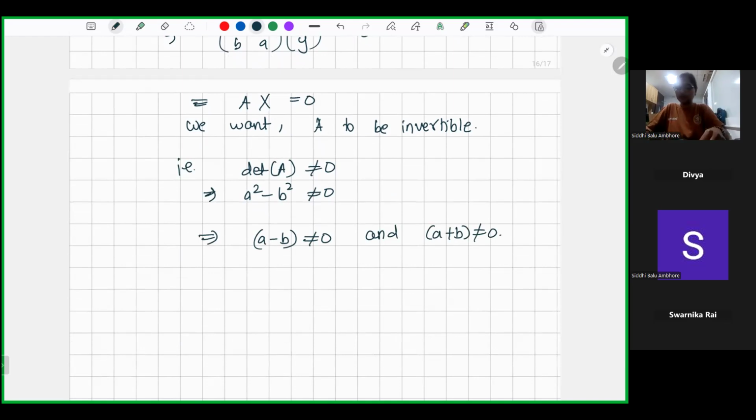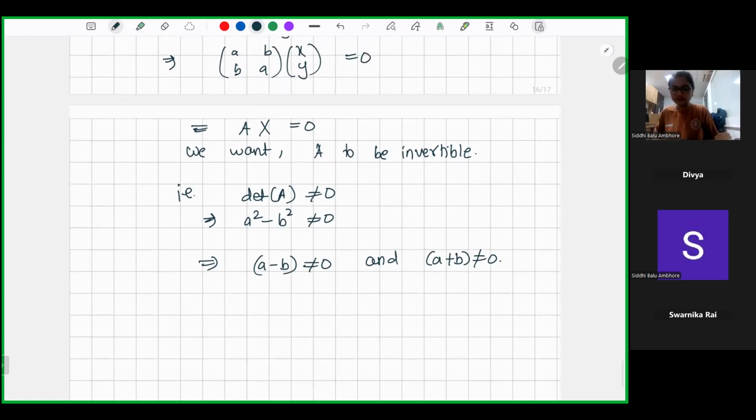So what are the possibilities for this? If I want A minus B and A plus B to be non-zero, this will imply A must not be equal to B and A must not be equal to minus B.